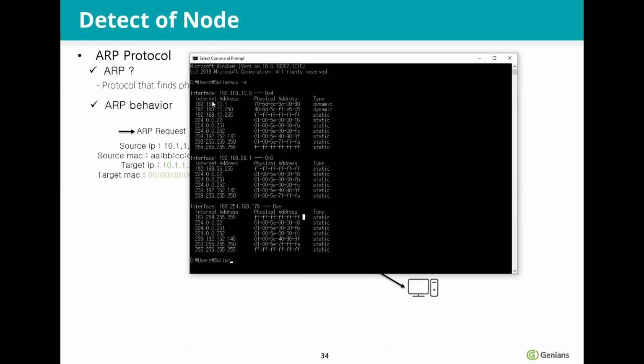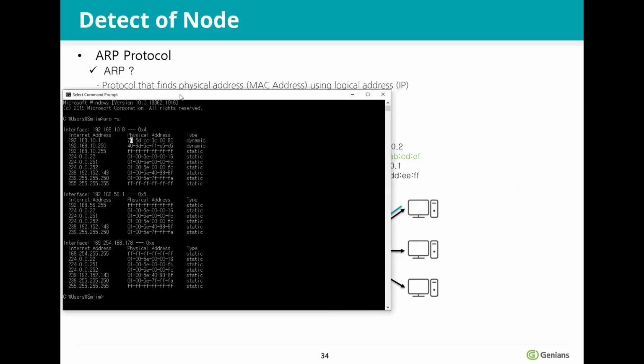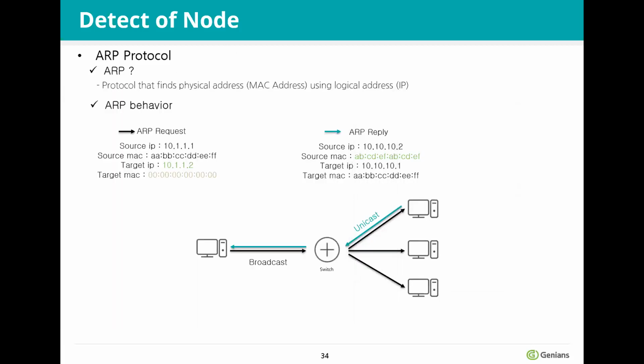So I know the 10.1 gateway has this MAC address. When I try to access the internet or another network, I send the packet to the gateway, and internet traffic always goes via the gateway MAC address. It is the normal process to communicate with other devices or networks.